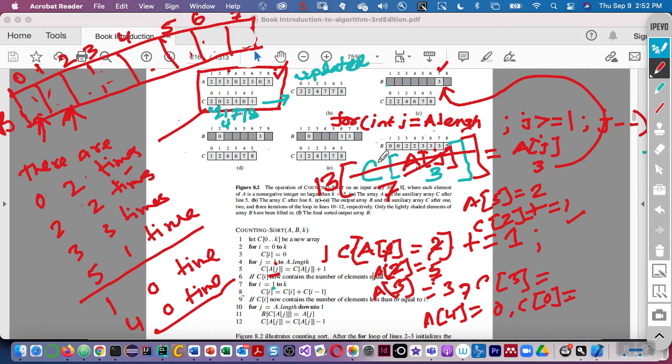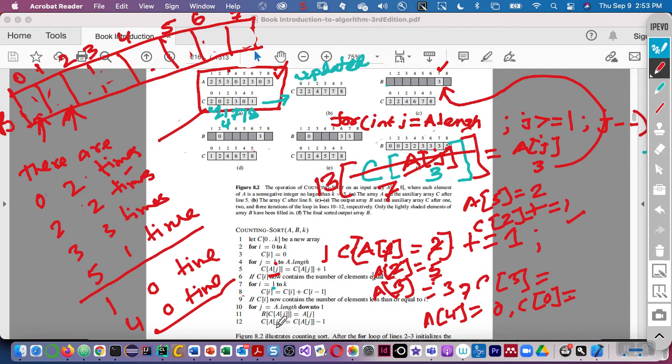And after doing that, since this array tells us how many times it occurs, we need to get the C of 3, sorry, we need to decrease it by 1.